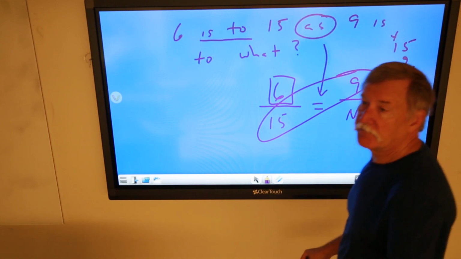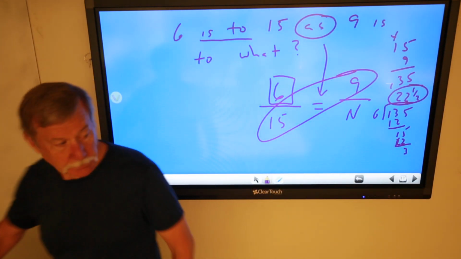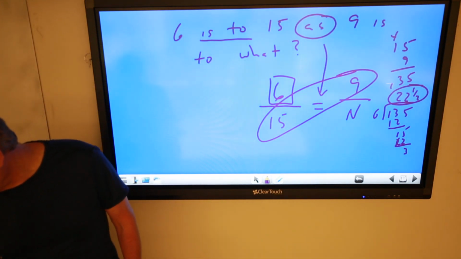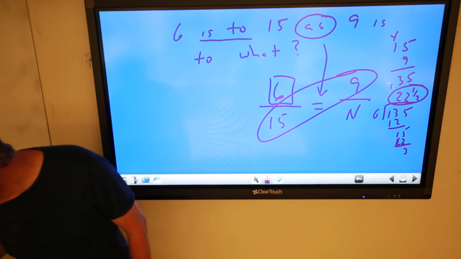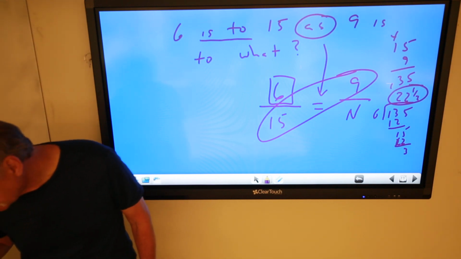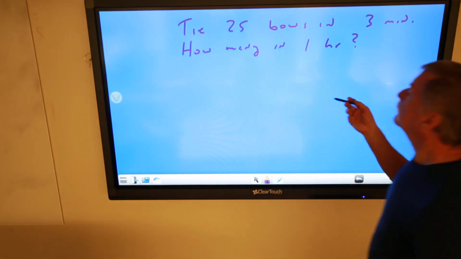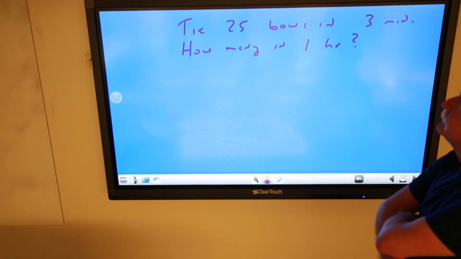And yes, you can have fractional parts, you can have a decimal answer in these types of problems. And finally, try this on your own.